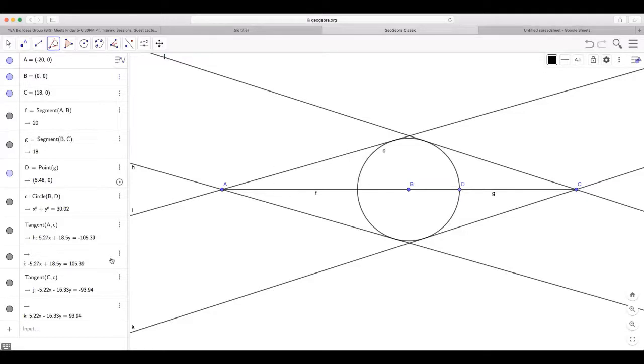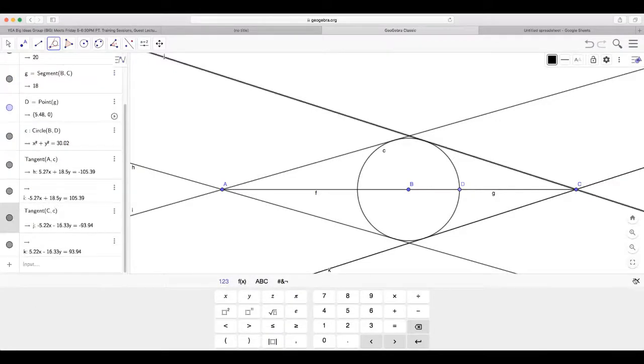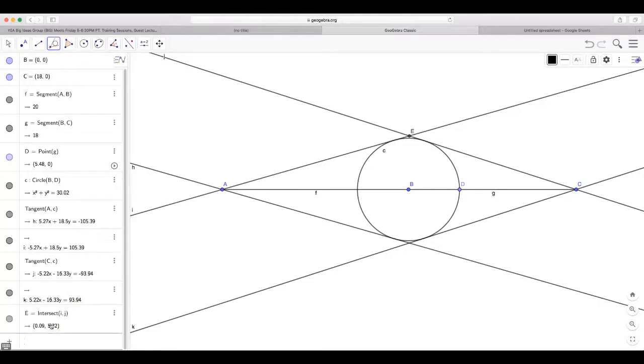Okay, let's intersect these. Okay, let's intersect I and J. Oops, that's the wrong one.